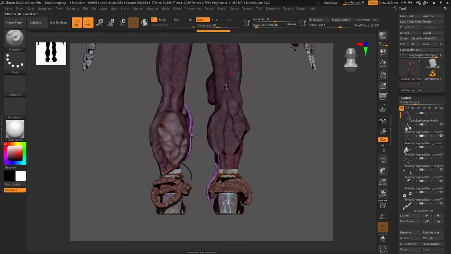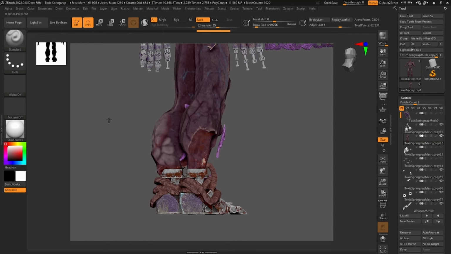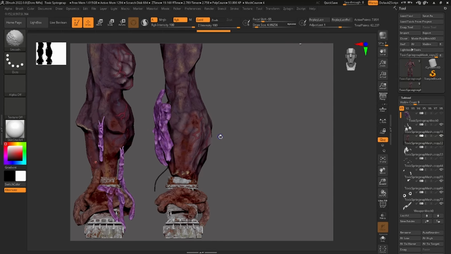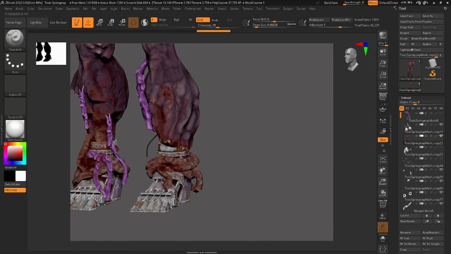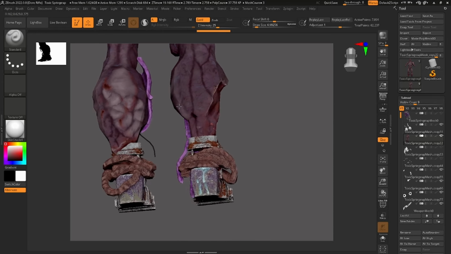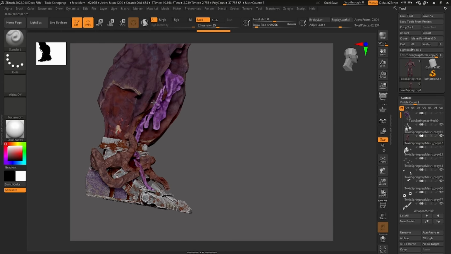You can see a lot of veins and arteries and blood vessels popping out. You can see there's a big growth on his left leg, and I will assume that's part of the warty growth. It's all over his left leg.